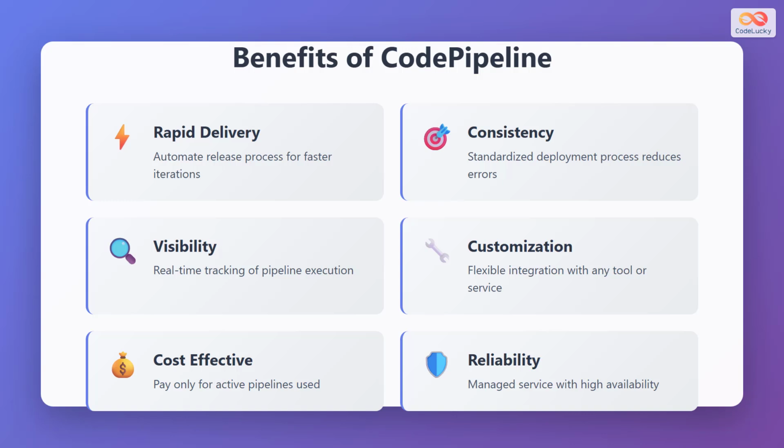Customization is possible through flexible integration with virtually any tool or service in your development toolchain. The service is cost-effective because you only pay for active pipelines that you actually use, with no upfront costs. Finally, reliability is built in as a fully managed service with high availability, meaning AWS handles the infrastructure so you can focus on your applications. These benefits make CodePipeline an essential tool for modern DevOps practices.